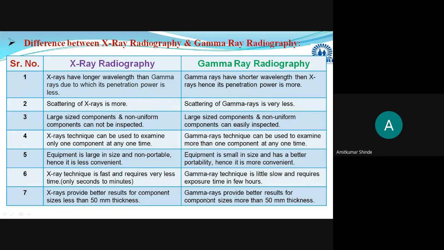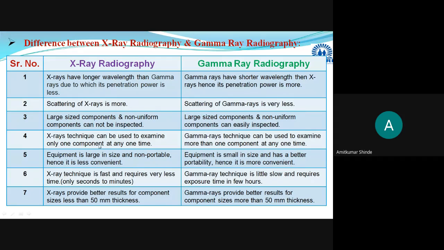If they have asked you a theoretical question, you can write these first 5 points for X-ray radiography as disadvantages, and these last 2 points as advantages. And for gamma rays, the first 5 points will be advantages and the last 2 points will be disadvantages.